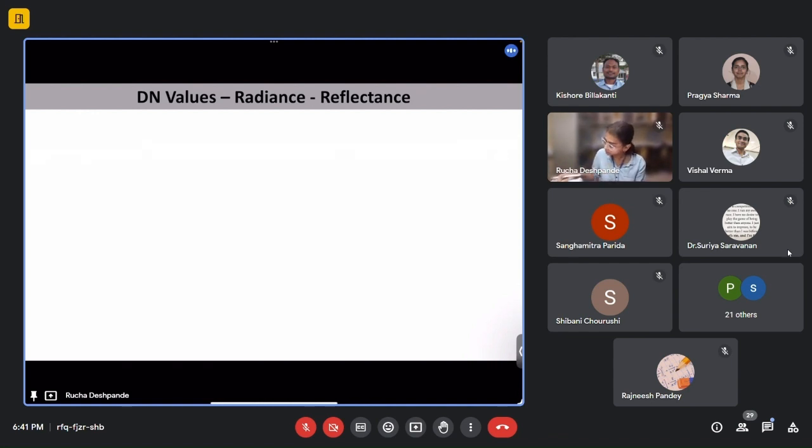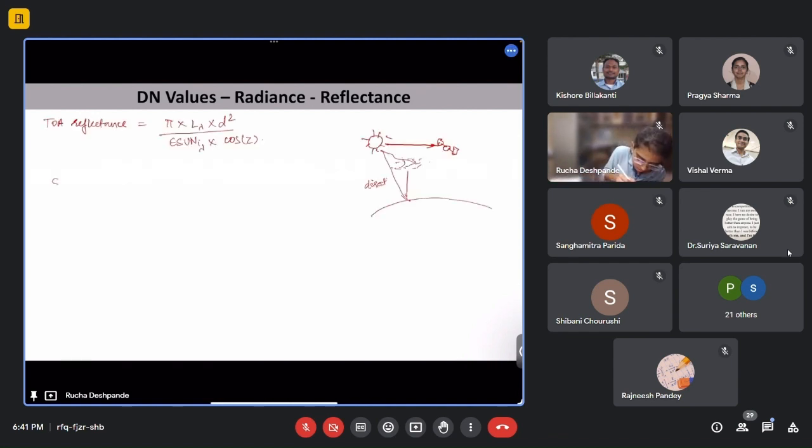So in this case, surface reflectance. Again, it is the same formula.